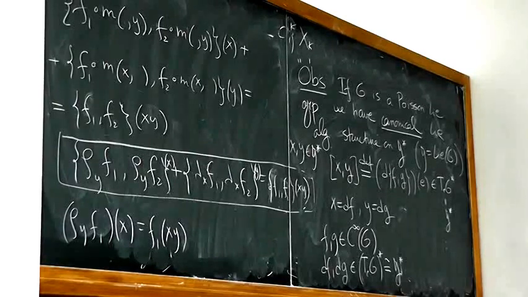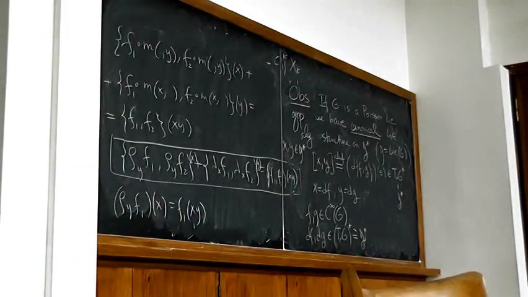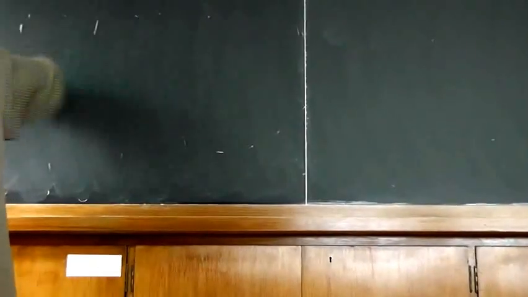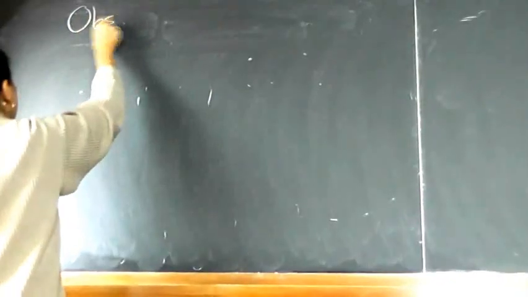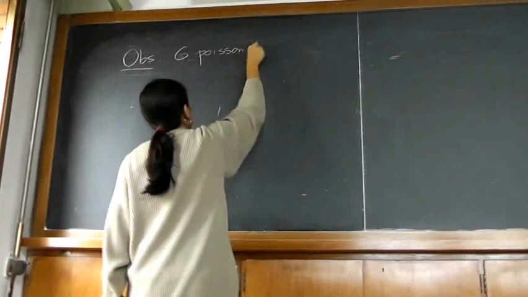Now, I want to push this further. Because if you have this bracket, another observation: G is a Poisson Lie group.